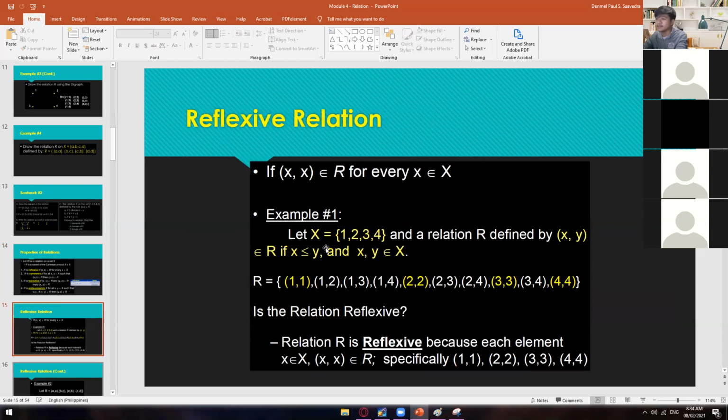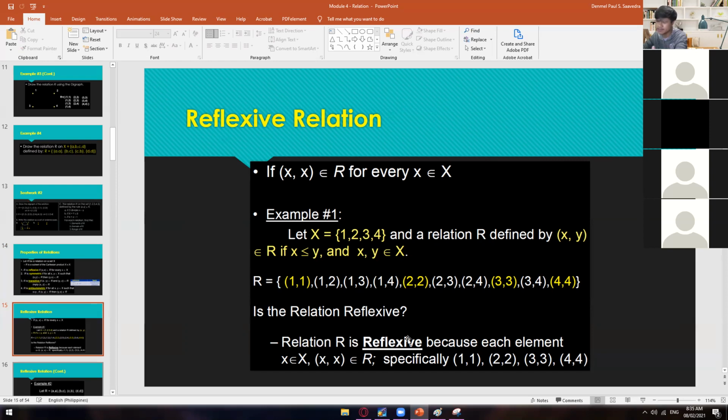All right, so let's start with the reflexive relation. As I mentioned a while ago, if we have the elements 1, 2, 3, 4, then you should have (1, 1), (2, 2), (3, 3), and then (4, 4). You can just disregard the others. As long as you have those, then you can say that this relation is reflexive. So the question is, is the relation reflexive?